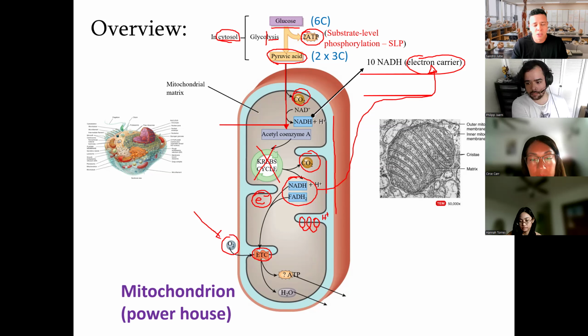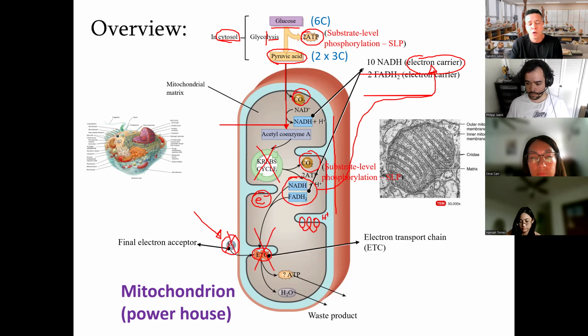O2, oxygen gas. This is why we inhale it. We're going to need this oxygen gas because it is what we call the final electron acceptor in the ETC. It's going to be the final place for the electron to move. Because if we remove the oxygen gas, the entire electron transport chain is going to stop.